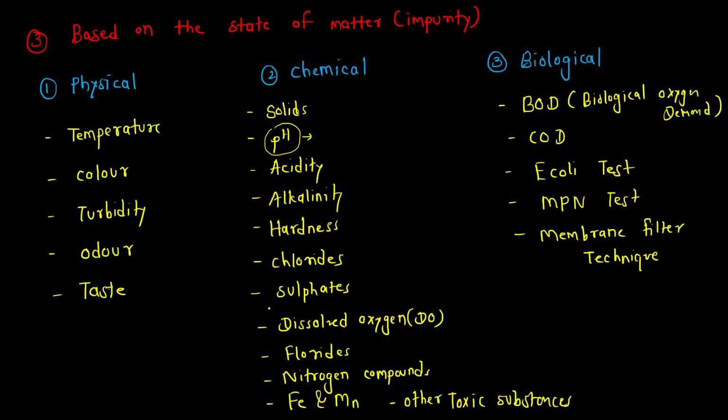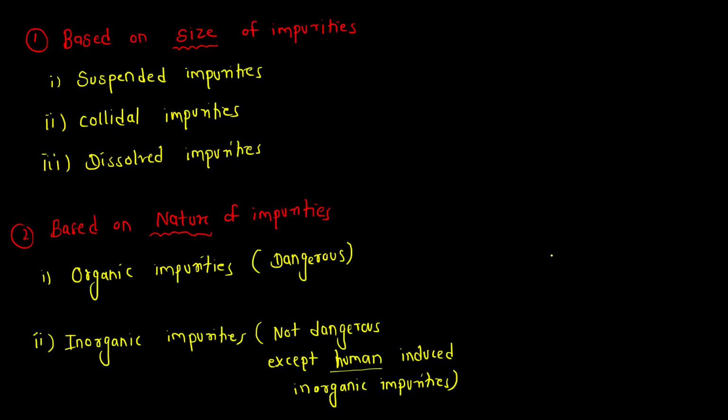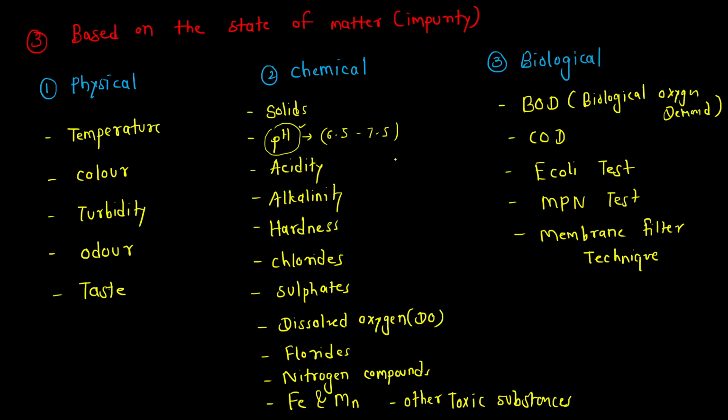Let's say it is 6.5 to 7.5. This is called the drinking water standard. Similarly, there is a standard for everything, like hardness, chlorides, sulfates. That we have to study in detail.